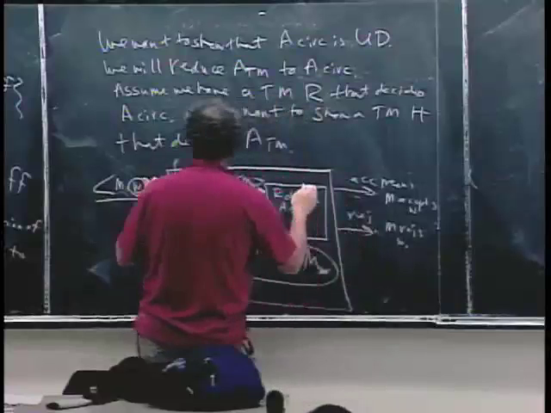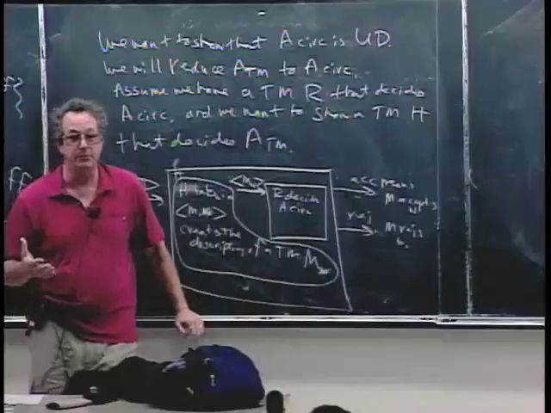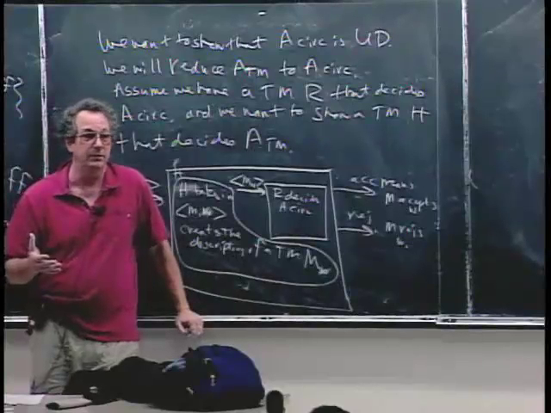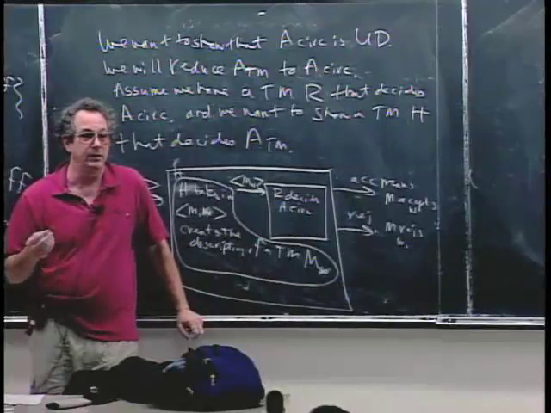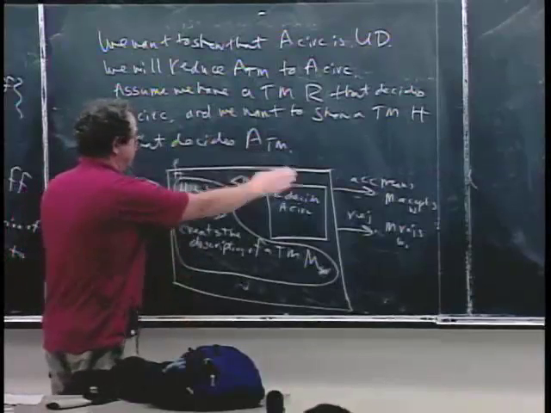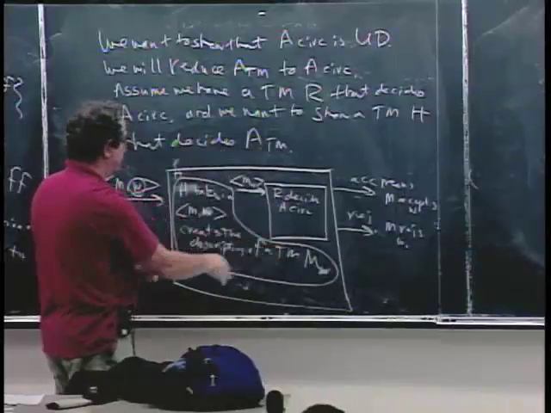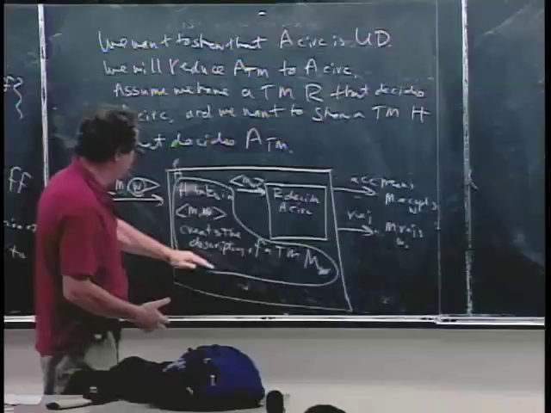That means that H is a decider for ATM, which means that ATM is decidable, but we know ATM is not decidable. So this R can't exist. Why can't it exist? Is it because of this part?